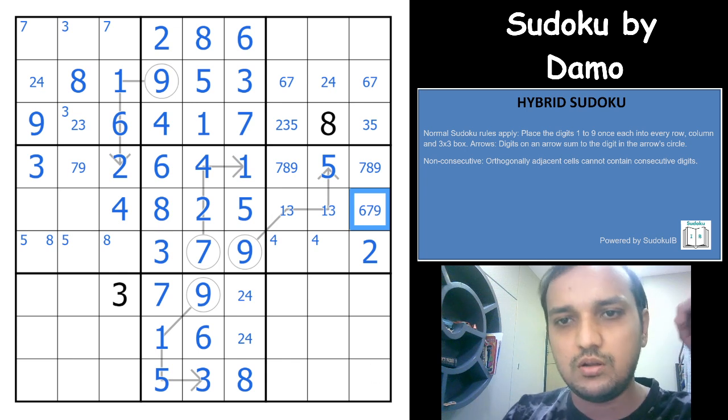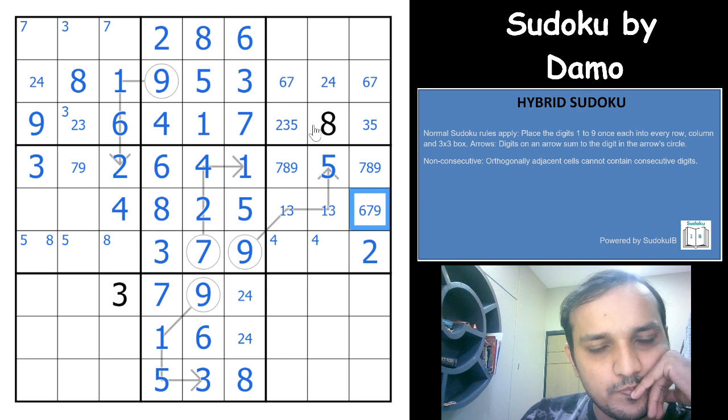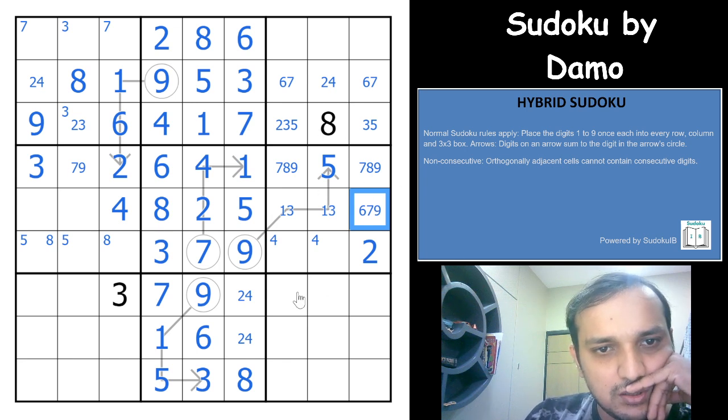That's a really good one. Not an easy one, I would say, but a good Sudoku. We are missing something somewhere.